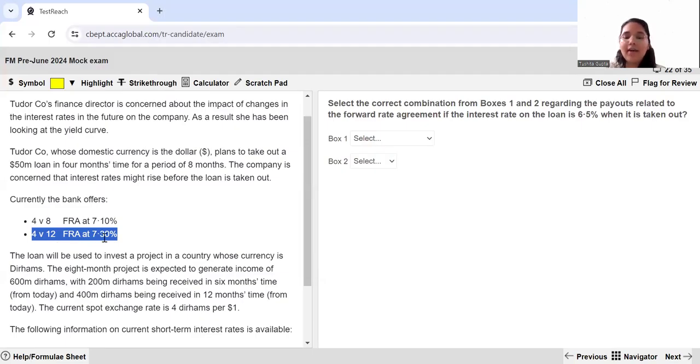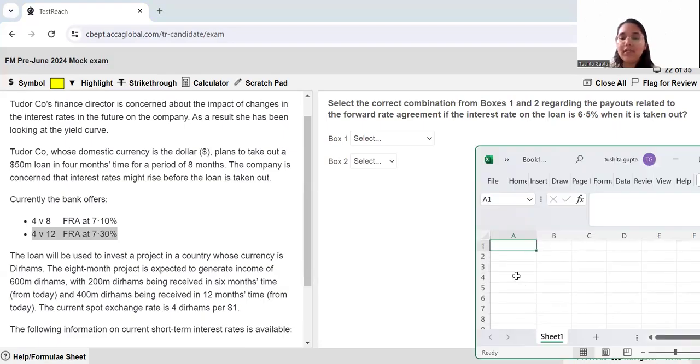So over here, they have entered into this FRA. So let us see which boxes we have. The first step over here is that we decide that it's going to be this FRA. Now, the rate when they took out the loan was 6.5, and they have locked the FRA at 7.3%.